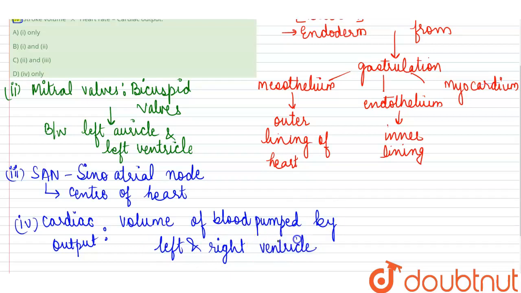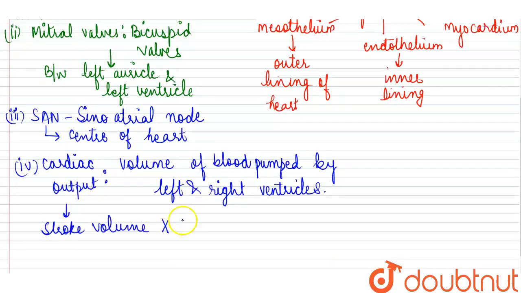It is calculated by multiplying the stroke volume by the heart rate.